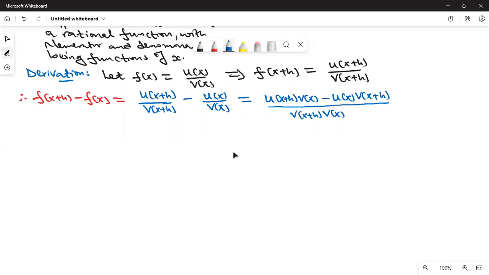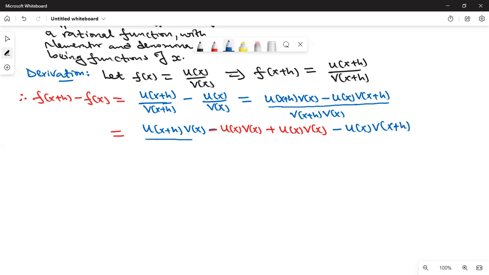In the numerator, you need to add and subtract u of x times v of x, so that this can also be written as u of x plus h times v of x, minus u of x times v of x, plus u of x times v of x, then minus u of x times v of x plus h.